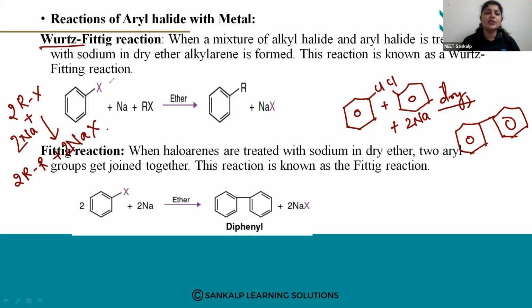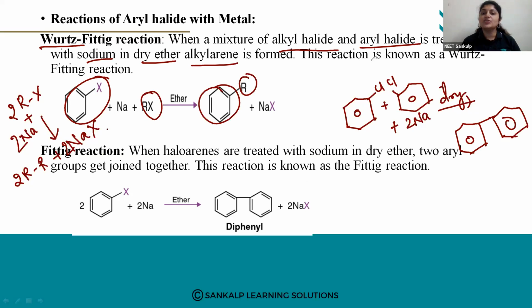Wurtz-Fittig means there will be one alkyl group and one aryl group. When a mixture of alkyl halide and aryl halide is treated with sodium in dry ether, an alkylarene is formed. This reaction is called the Wurtz-Fittig reaction.